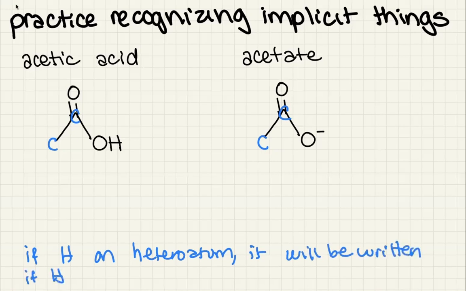If H is on carbon, it may be implied. So we're not going to worry about these oxygens having hydrogens. We're just going to worry about the carbons.